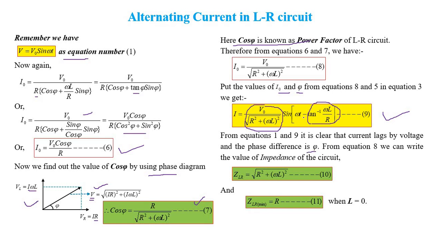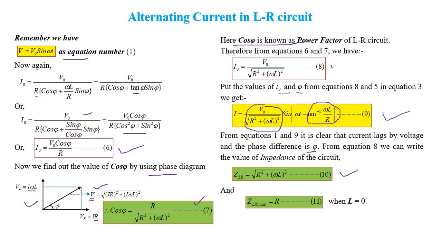Here the minus sign shows that the current lags the voltage. Now from equation number 8, we can write the value of impedance as ZLR is equal to root over R square plus omega L whole square. This is equation number 10.